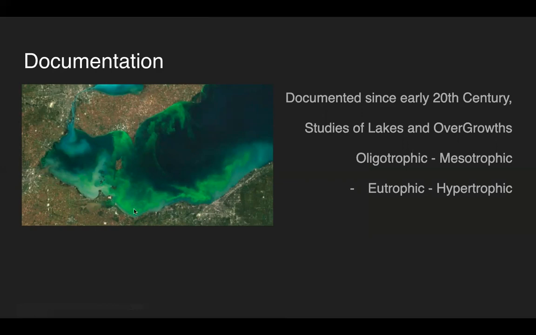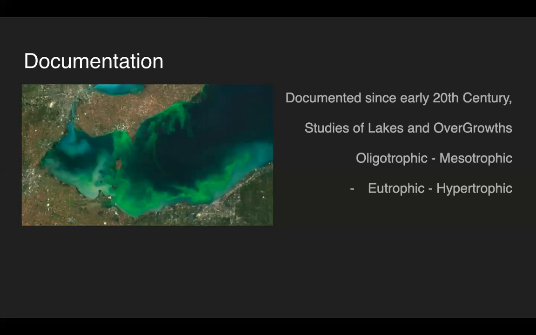All right, so as you can see here, oligotrophic, mesotrophic, eutrophic, and hypertrophic. These are the 4 different definitions of eutrophication, where oligotrophic would mean low in nutrients, mesotrophic would mean intermediate nutrients, and eutrophic would be high nutrients, where hypertrophic, as you can tell by the name, would be very high in nutrients.